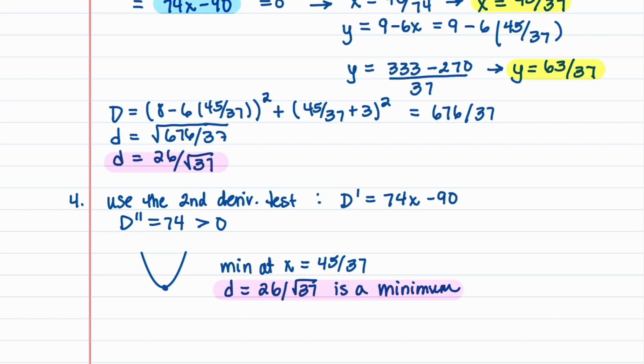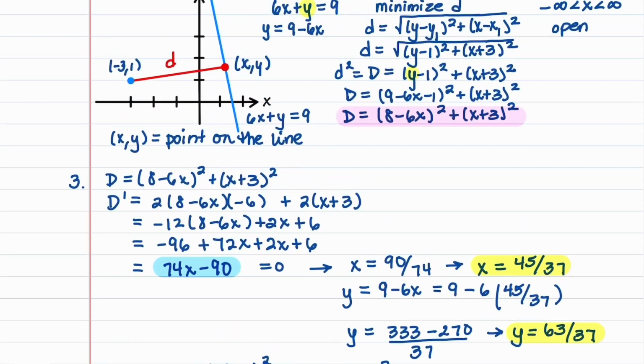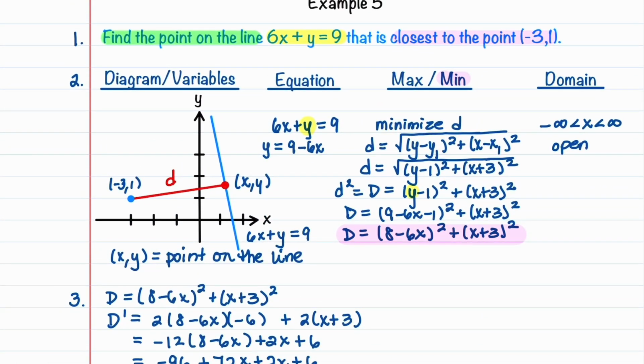Now we are almost done. We just have to write down our final answer. To do that, we need to go back up and reread our problem and then clearly state our final answer in a sentence. We need to find the point on the line that is closest to the point minus 3, 1.